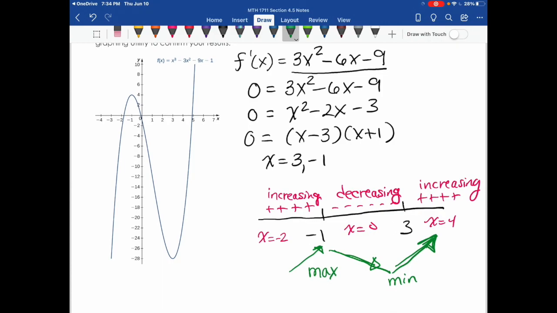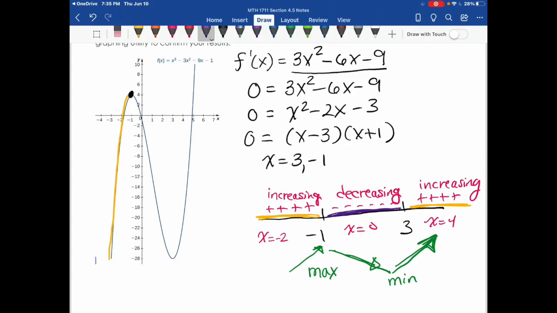So when we graph this on our calculator, let's let increasing intervals be yellow, because I like to color code, and let's let decreasing intervals be purple. So if you look from minus infinity up to x equals negative 1, this is increasing. I'm going up left to right.